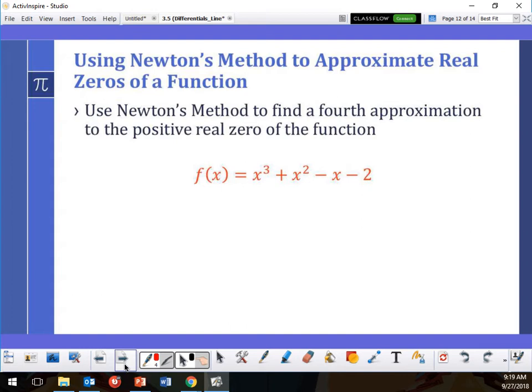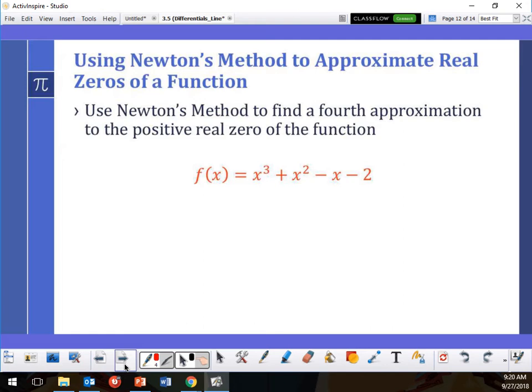Okay, so first, what do we want to use? It said closed interval, right? We're trying to find a 0. This is the intermediate value theorem. It says that there should be a 0 somewhere in between my endpoints.